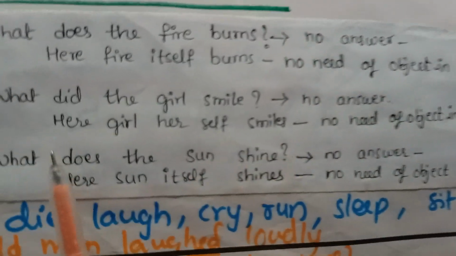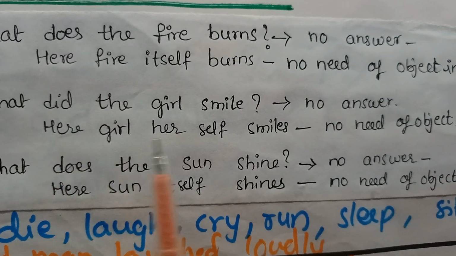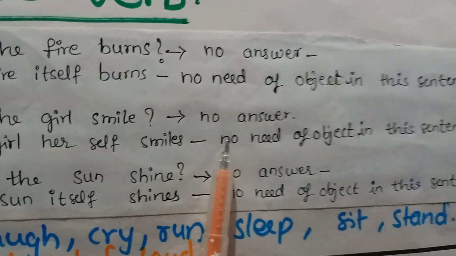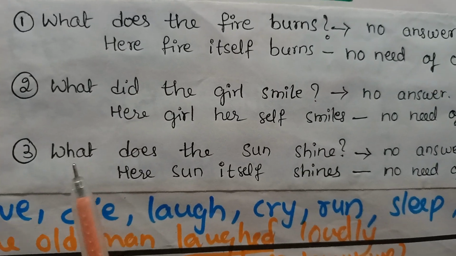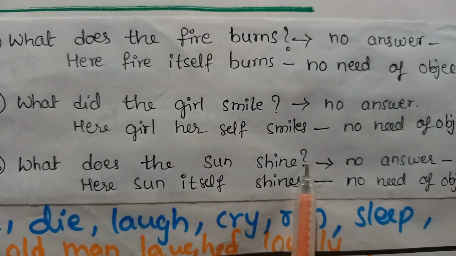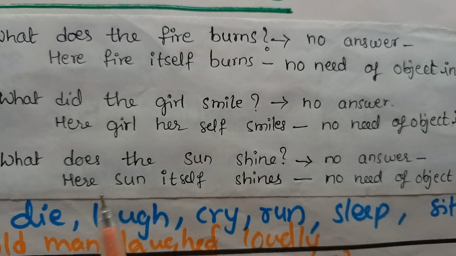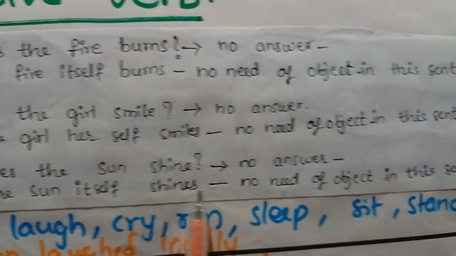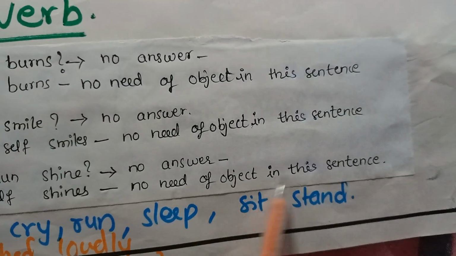No answer. Here, girl herself smiles. No need of object in this sentence. Third example, what does the sun shine? No answer. Here, sun itself shines. No need of object in this sentence.